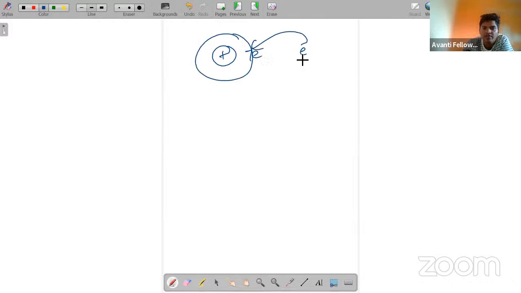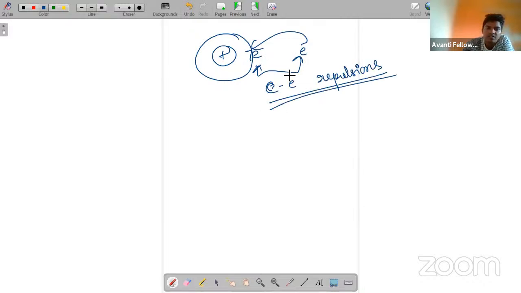So electron repulsion will take place. These electron repulsions try to push the electron away, and because of the small size and the electron repulsion, less energy will be released.